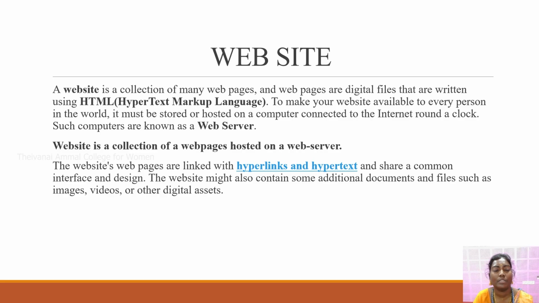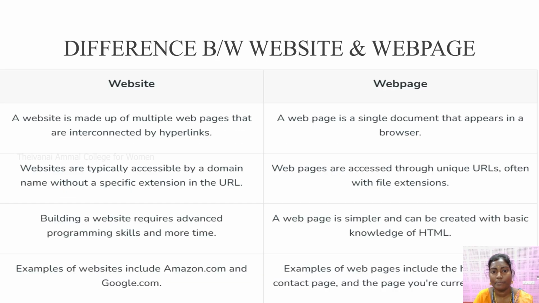So again, a website is a collection of web pages which is hosted by a web server. Web pages are linked with hyperlinks and hypertext, and they can share a common interface and design. A website might also contain additional documents and files such as images, videos, or any digital assets.